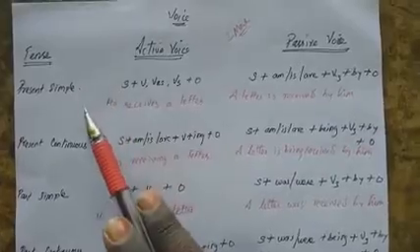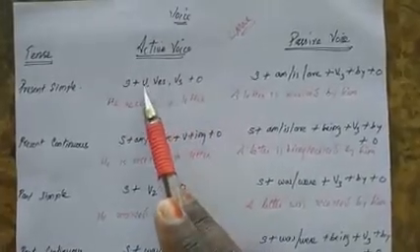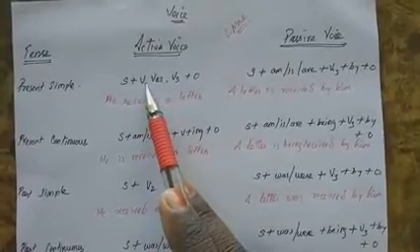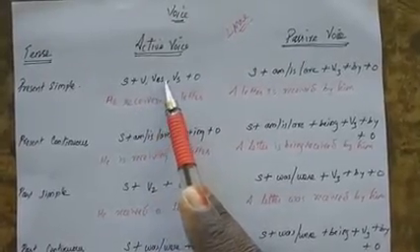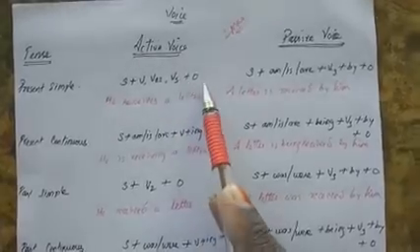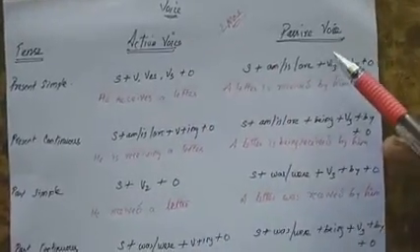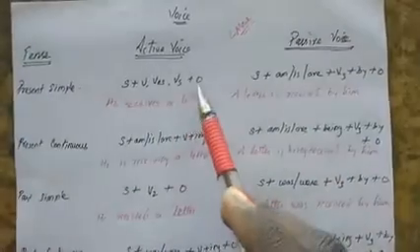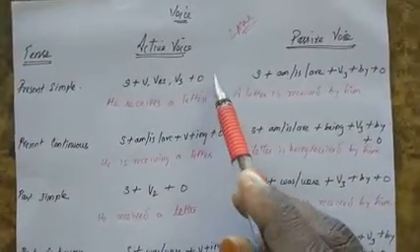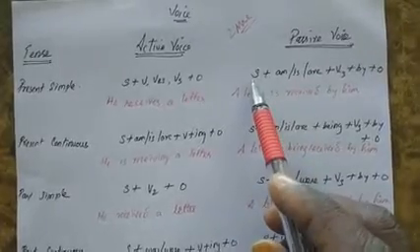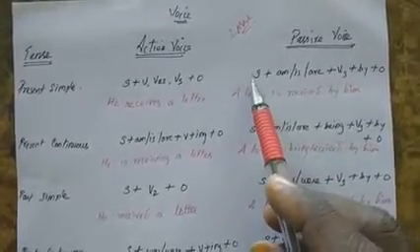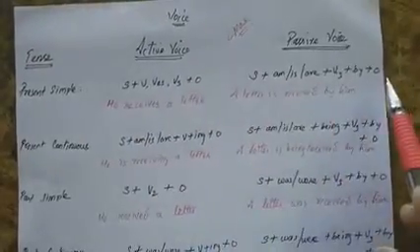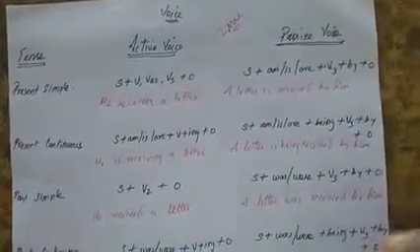So what is the present simple active voice formula? The sentence will begin with subject, then verb or verb plus s or verb plus es, then object. And in the passive form, the object in the active voice will act as the subject in the passive form, right? Same way, the subject in the active voice will take the position of object in the passive form. Clear?